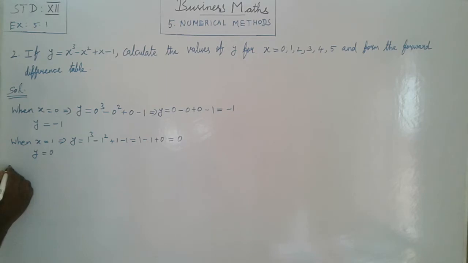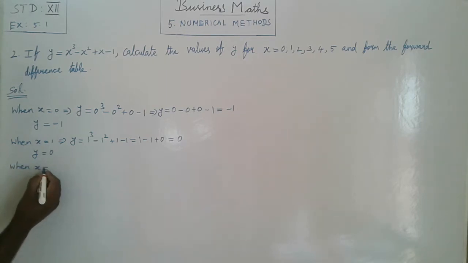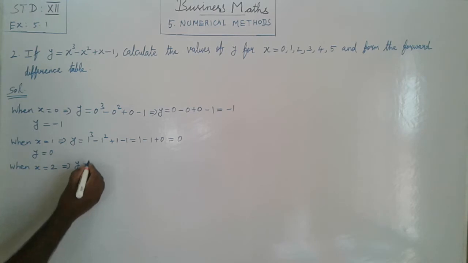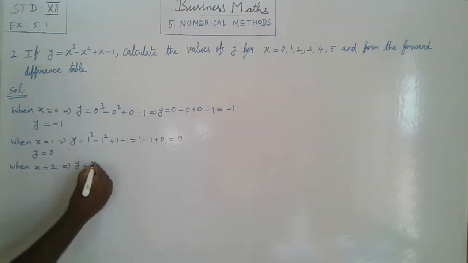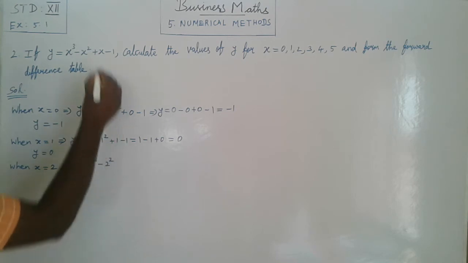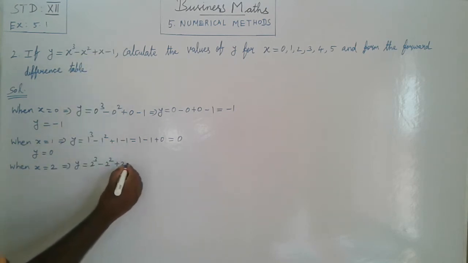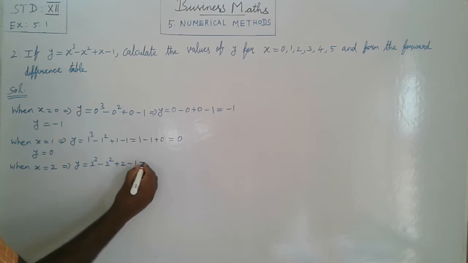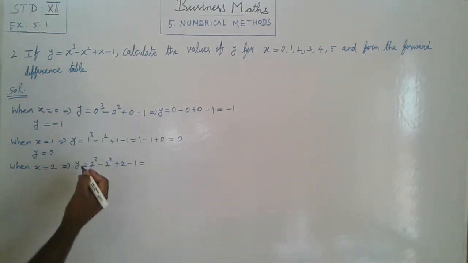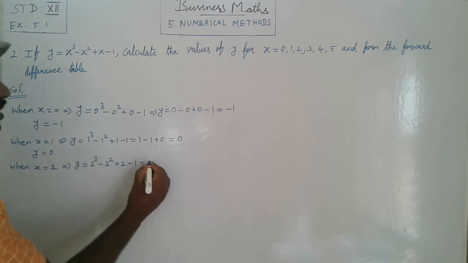Next, when x equal to 2, y equal to x cube minus x square plus x minus 1. x is 2, then 2 cube minus 2 square plus 2 minus 1, equal to 2 cube is 8: 2 into 2 into 2, 2 2s are 4, 4 2s are 8.